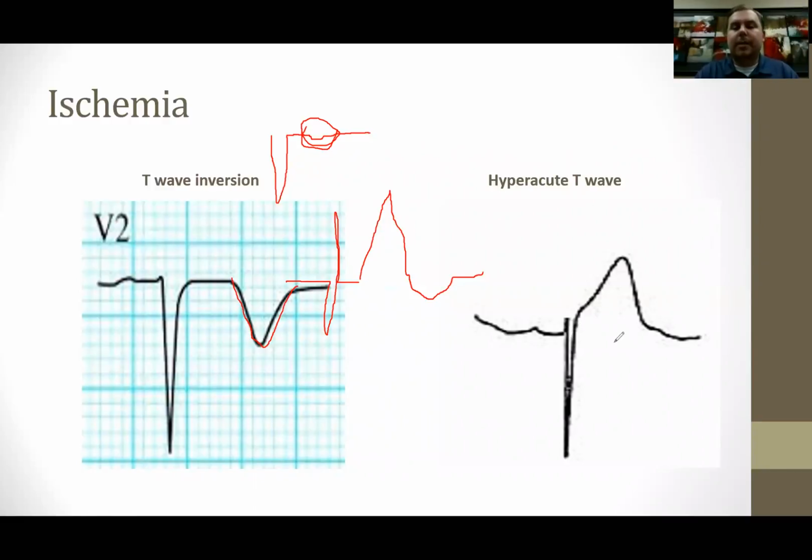Next, hyperacute T-waves. So sometimes the T-wave is just too big in comparison to the QRS size. There's not a really strict criteria of how big is too big. Most literature thinks that 35% is too much. So that means 35% compared to the QRS.